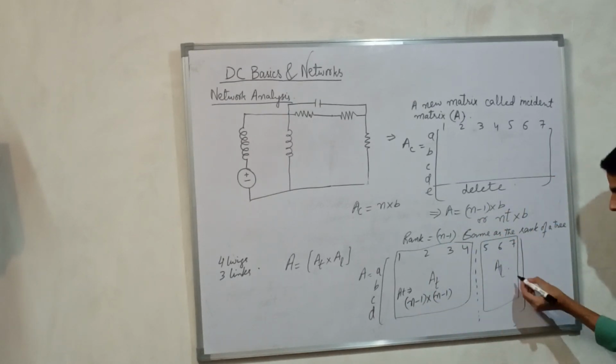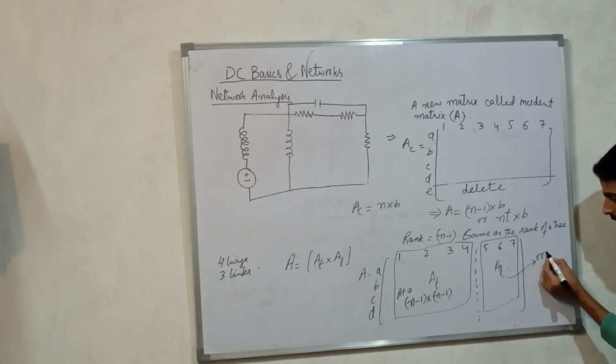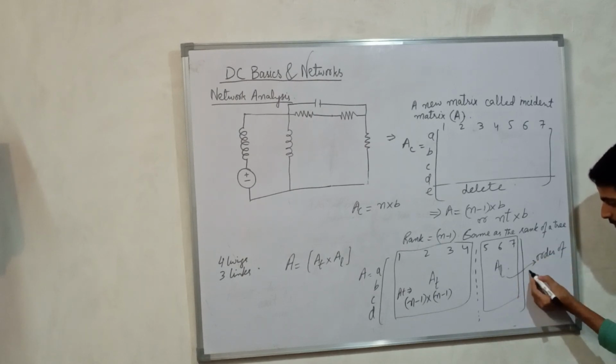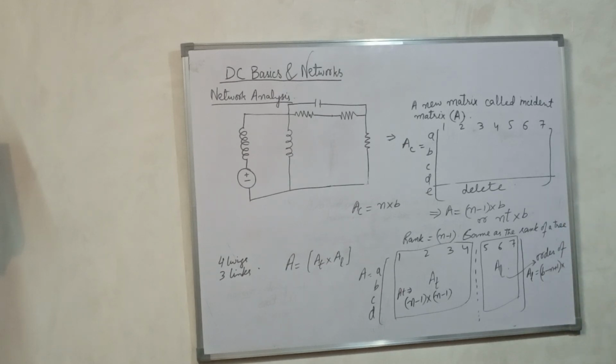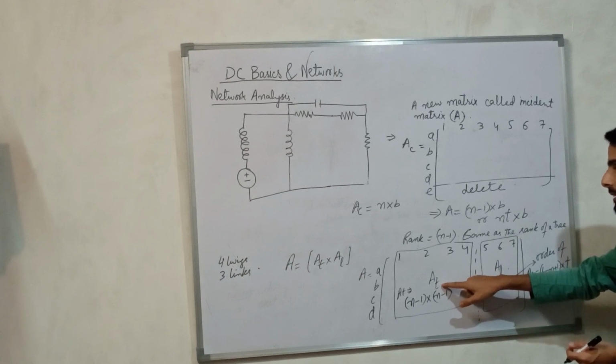What is the order of AL? It will be b minus n plus 1 into b. L corresponds to the links and T corresponds to the twigs.